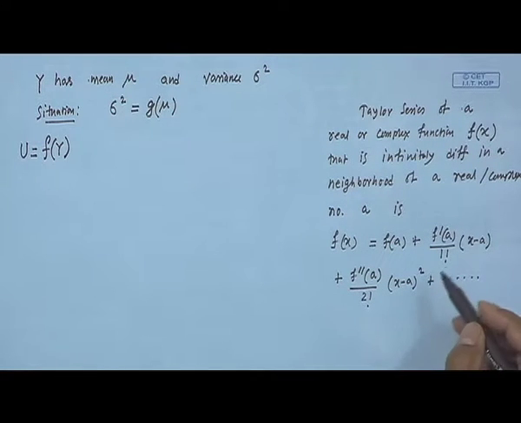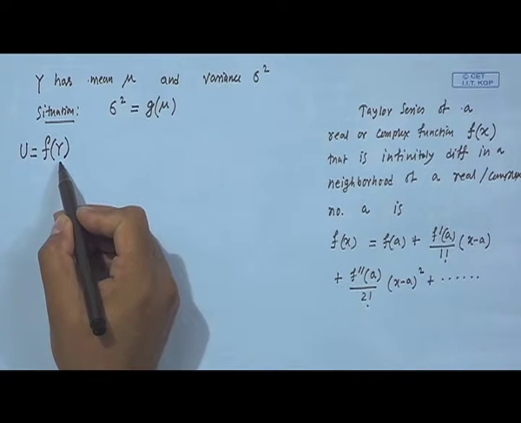So, this Taylor series is a polynomial approximation of the function f at a neighborhood of a point a.